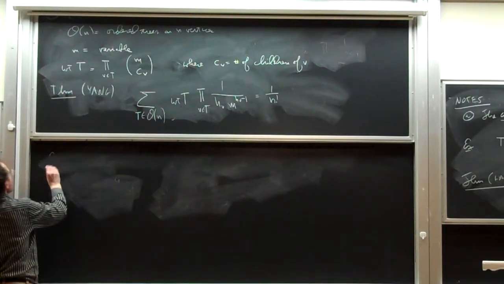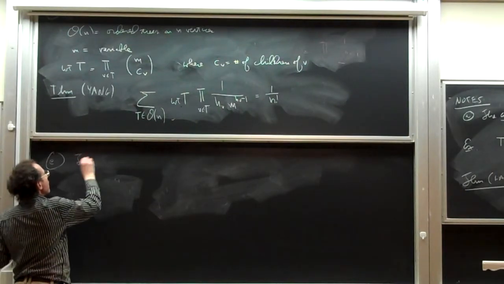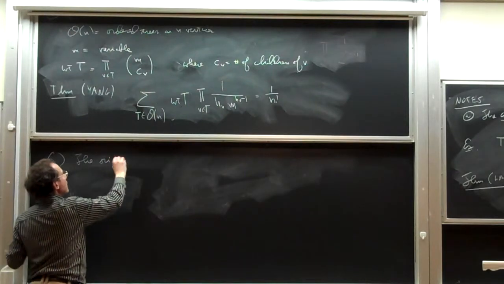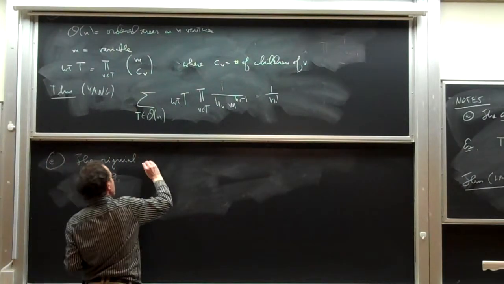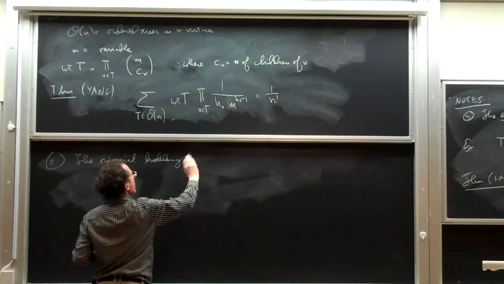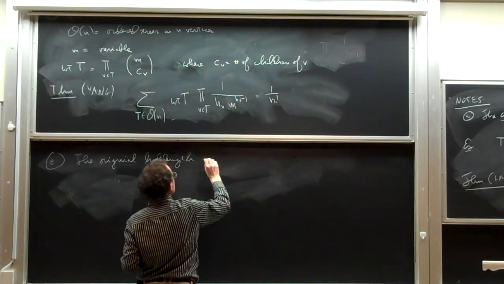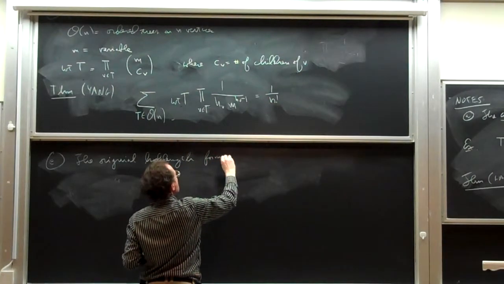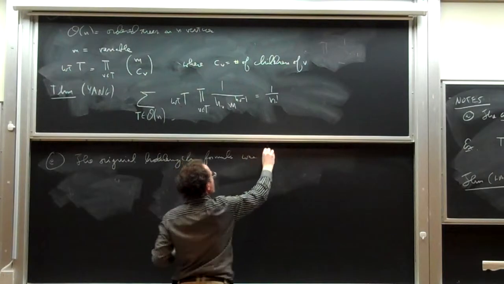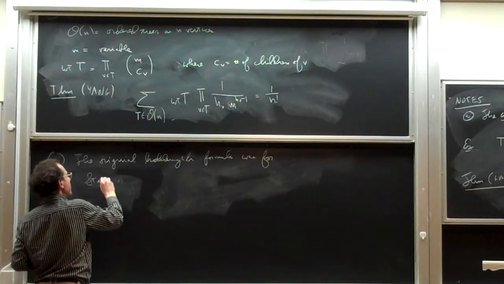So, I don't remember what number I'm up to. You will do at this point. So, the original hook length formula wasn't for trees, or that wasn't what it was called, but it was used for trees. So the original hook length formula was for things called standard Young tableaux.